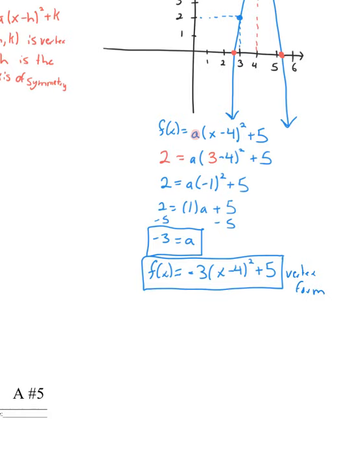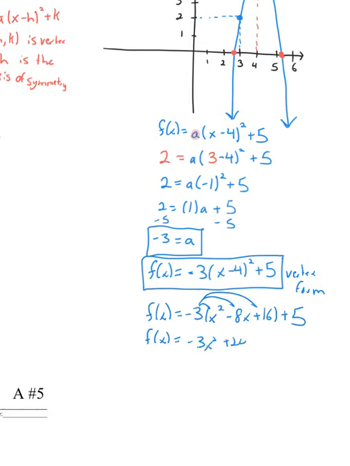And then I can put that into standard form by distributing first, multiplying this whole thing out, x squared minus 8x plus 16, and then multiplying by negative 3, negative 3x squared plus 24x minus 48.